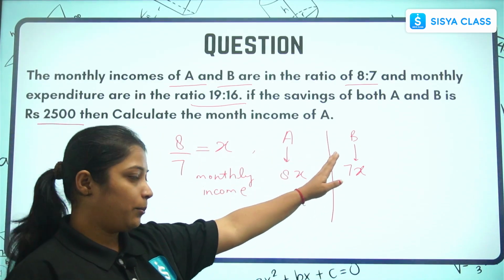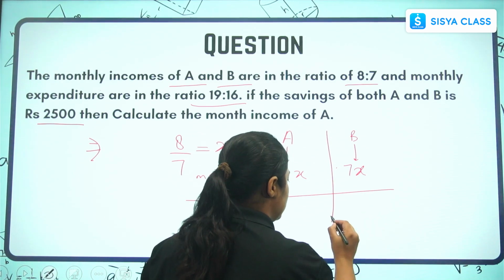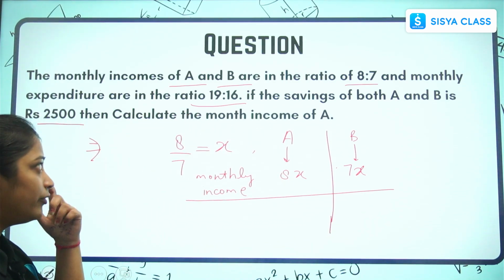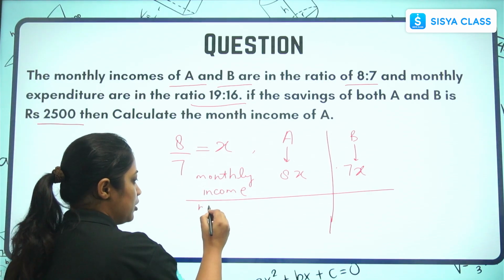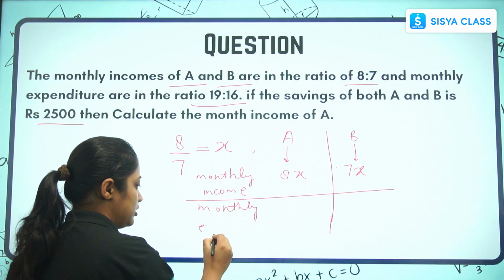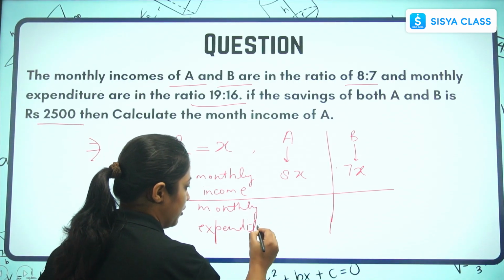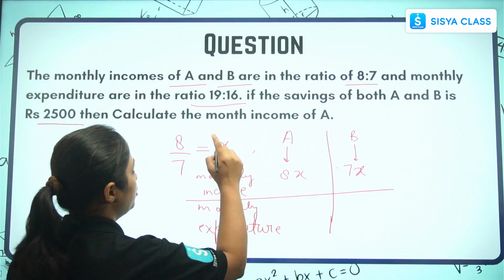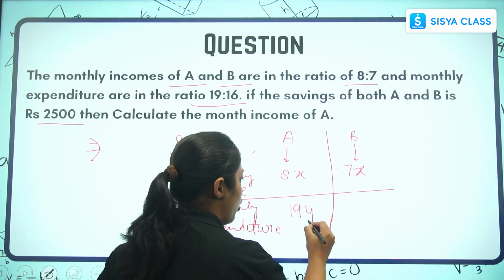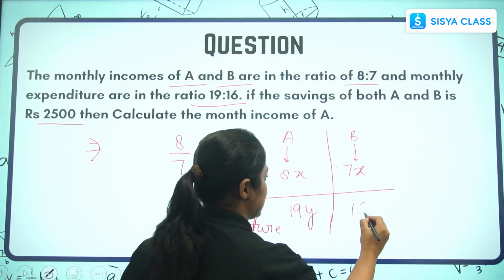Now the monthly expenditures are in the ratio of 19:16. So let's suppose the monthly expenditure of A is 19y and for B it is 16y.